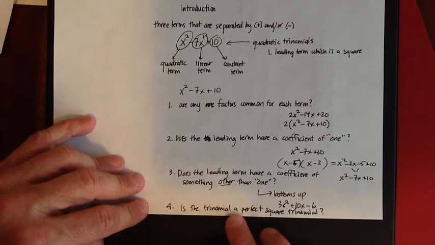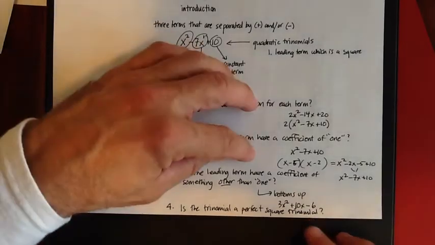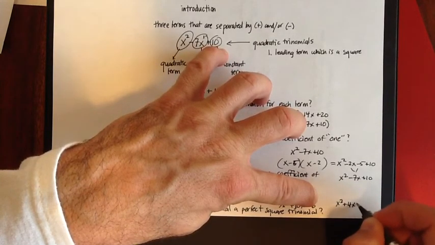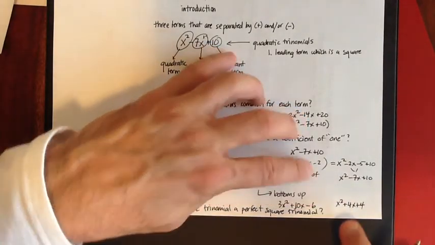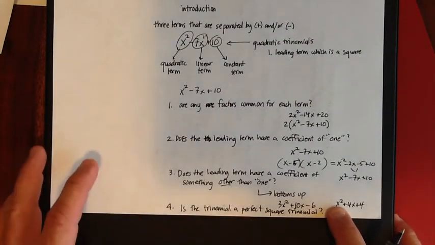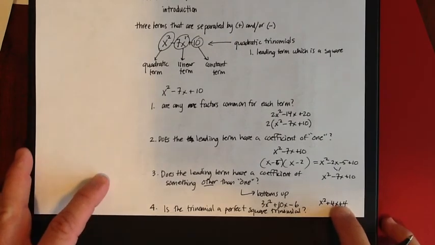Now, an example of a perfect square trinomial is something like this: x squared plus 4x plus 4. And for a perfect square trinomial, you need to have a perfect square for the leading term, and you need to have a perfect square for the constant term.